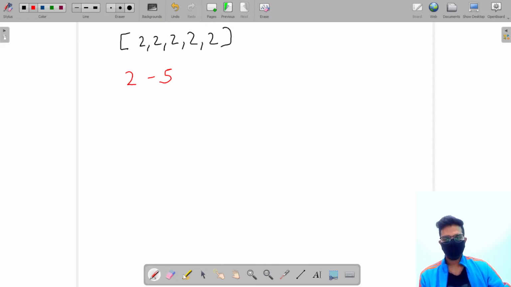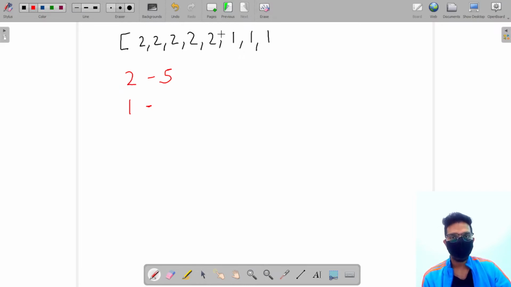Perfect. Now let's say we add some more things here. I want you to analyze the words I'm trying to say here. So here we got three ones. Again, this is saying that three rabbits are saying that they got one more rabbit of the same color as them.